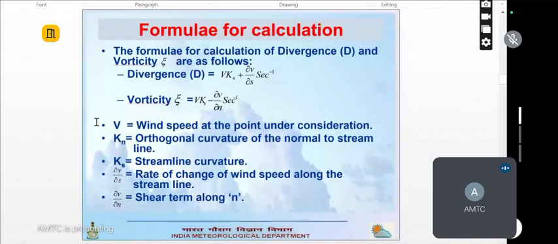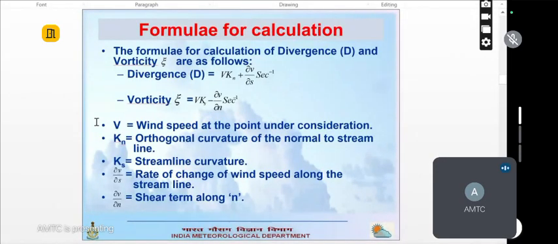No idea? Shear means, I will give you the example of the jet stream. In a jet stream, there is a main flow where the maximum wind speed is. But as you move vertically and horizontally from that flow, your wind speed will decrease.